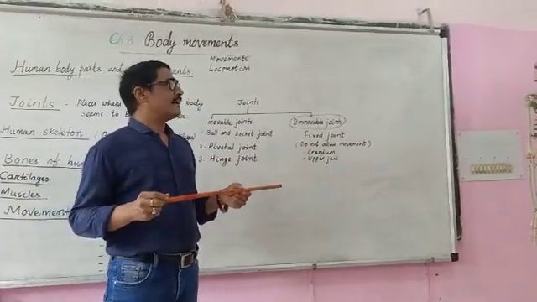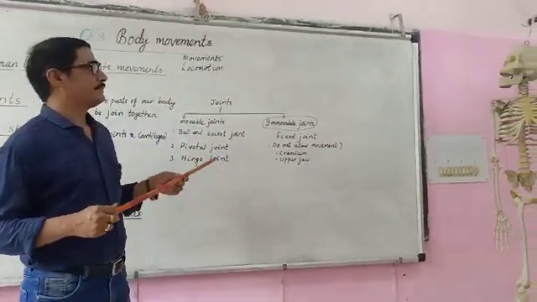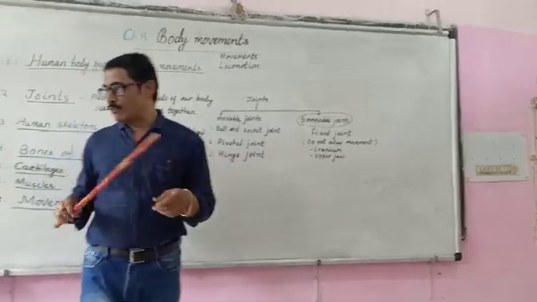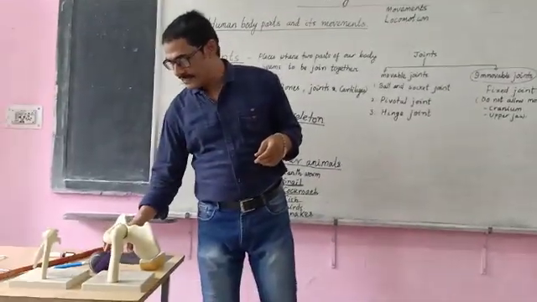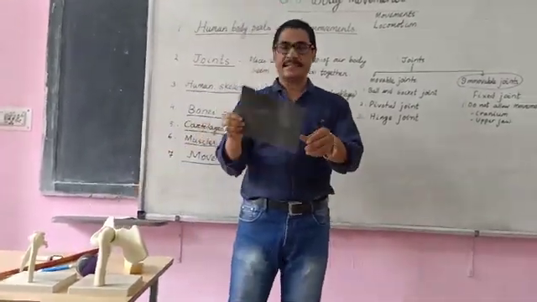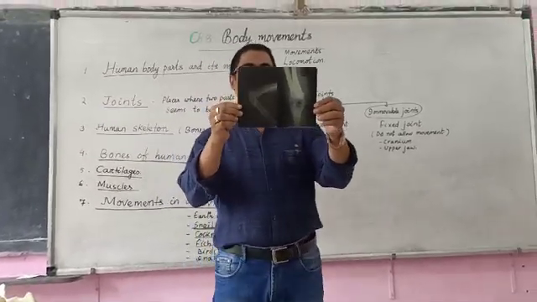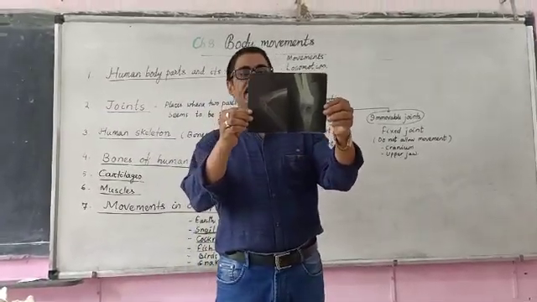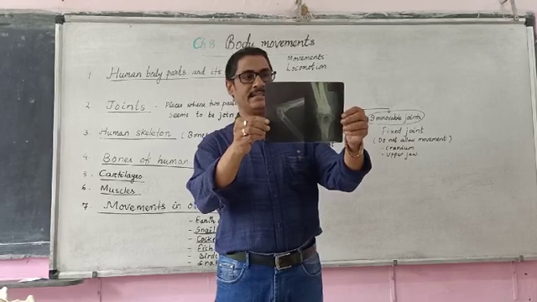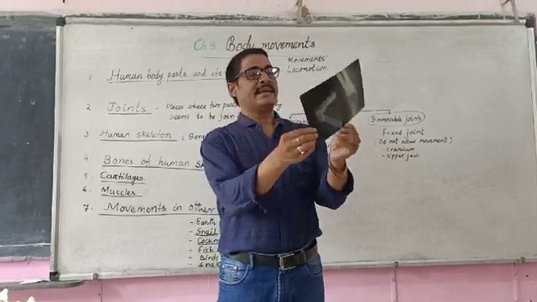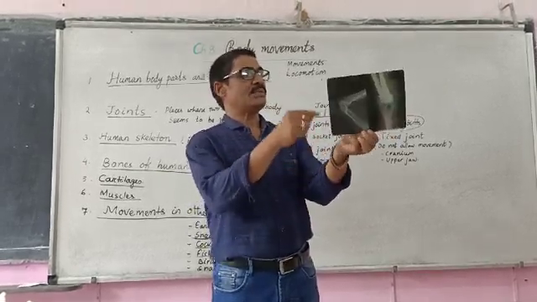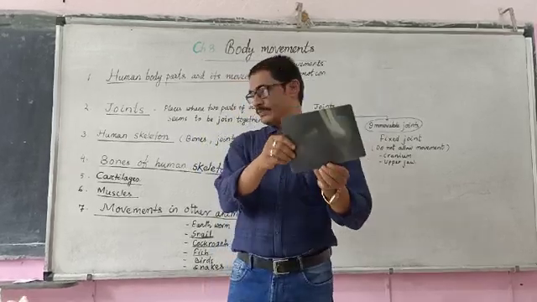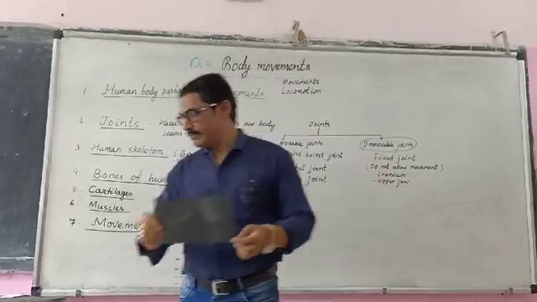Bones are the hard part of our body, and we can observe the bones in an X-ray image. You might have seen an X-ray report if you suffered any injury or accident. You get an X-ray image of the bone structure. This is the X-ray image.